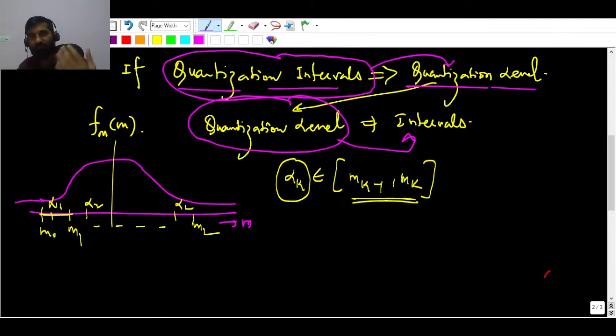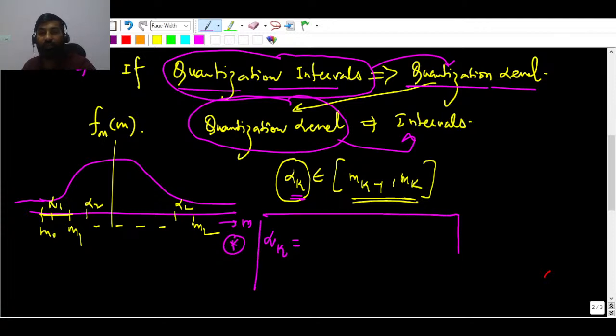After all, we have to solve the GATE question, right? If we know the formulation, if we know this alpha k, this alpha k can be determined. Remember, this is a very, very important result from the Lloyd Max algorithm. This alpha k can be determined with the help of what?